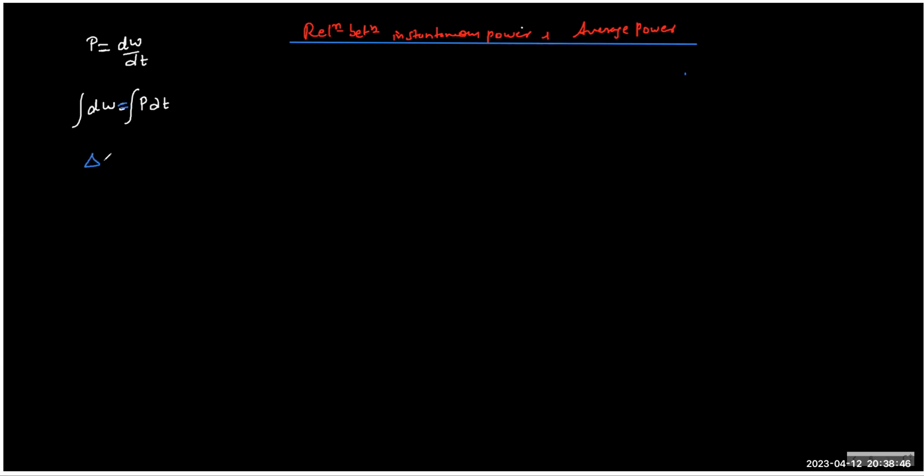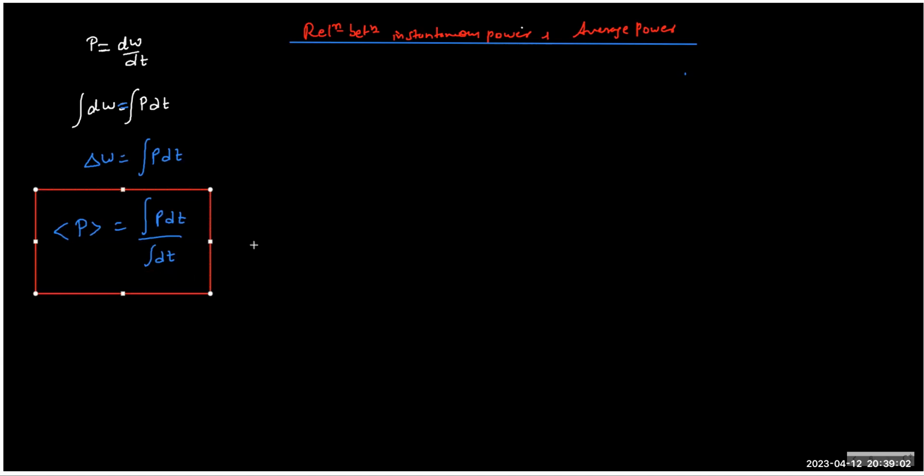So we know that total work done is the integration of P dt. So we can say average power as W by T. That is the general definition of average and instantaneous. We have done this very often in various places. I should write it here.